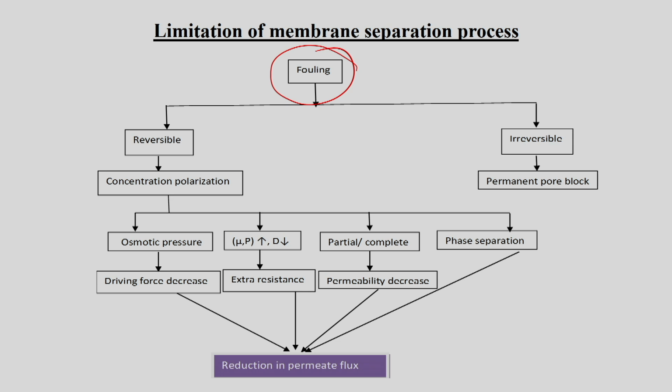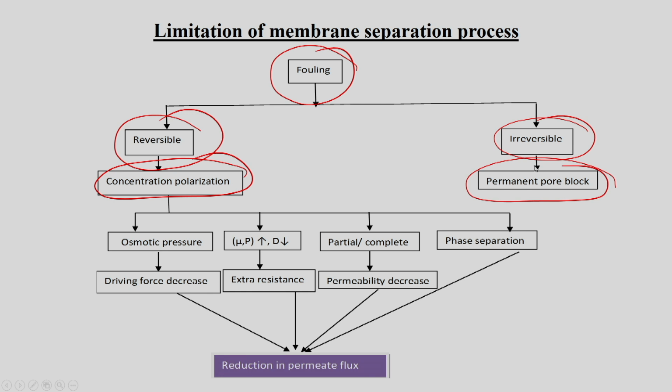That fouling may be of two types: reversible fouling and irreversible fouling. Reversible fouling is due to concentration polarization, or deposition of the solutes on the membrane surface, and irreversible fouling is due to permanent pore blocking.